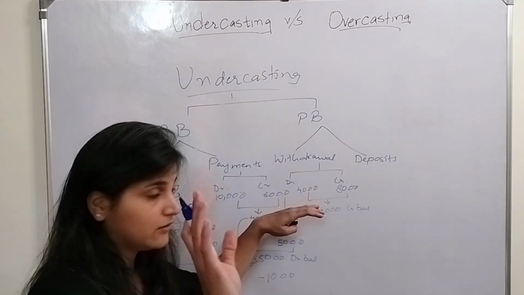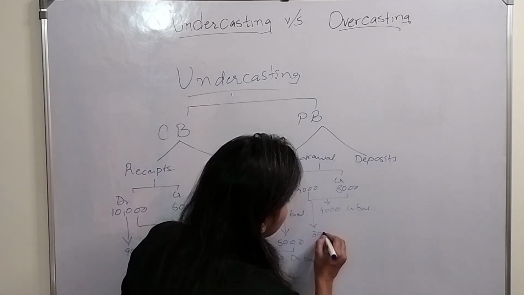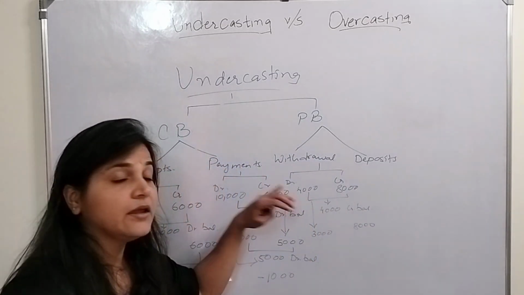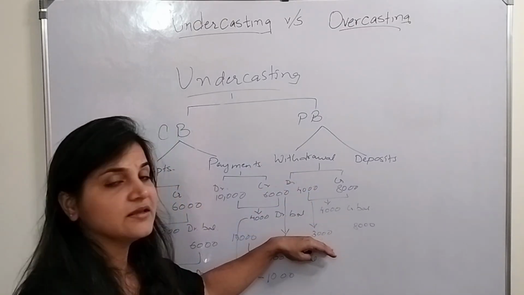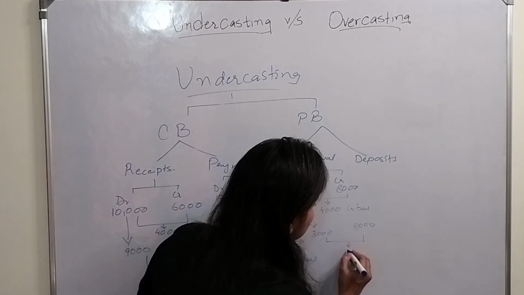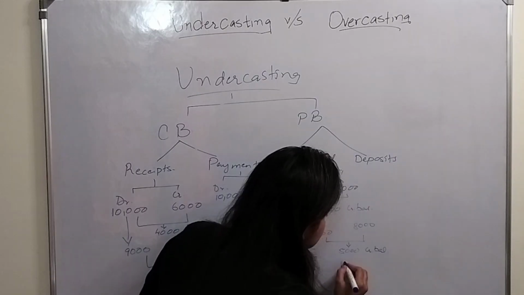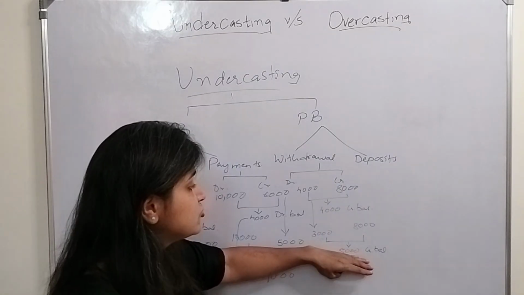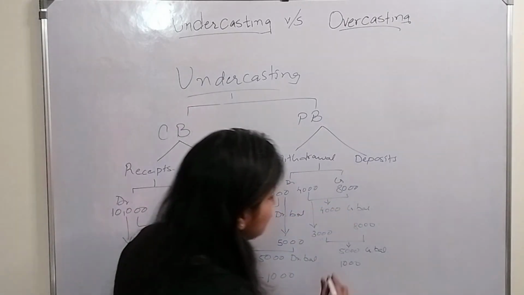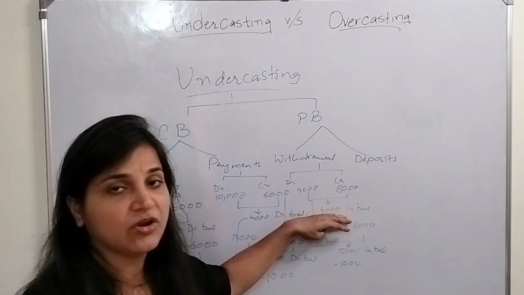Instead of 4,000, it is showing 3,000. Deposit sides are same, 8,000, but my withdrawal side is showing an undercasted amount of 3,000. So my passbook balance is showing a credit balance of 5,000. So the bank passbook balance is showing a greater amount as compared to the actual amount. What I need to do? I need to deduct this 1,000 from 5,000 to show the actual amount.